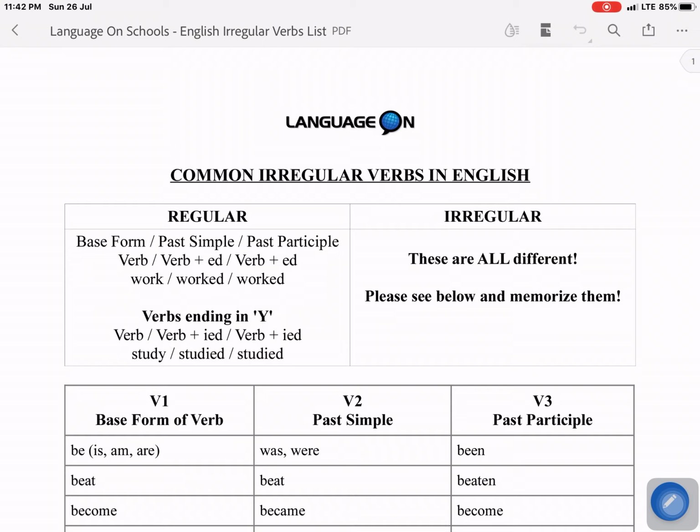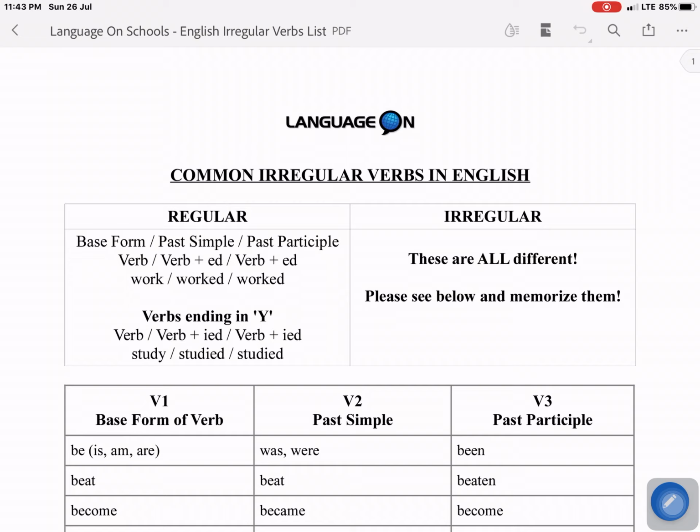V1 is the present form of the verb, V2 is the past form, V3 is the past participle form, and V1 ing is the present participle form of the verb. Now how to conjugate the verb? Let's learn.